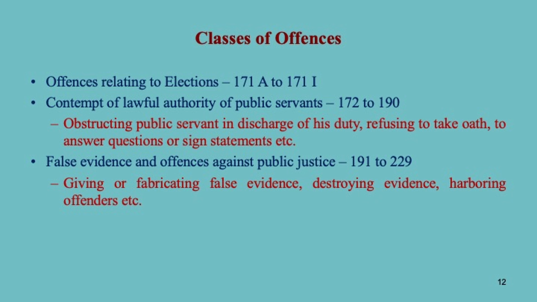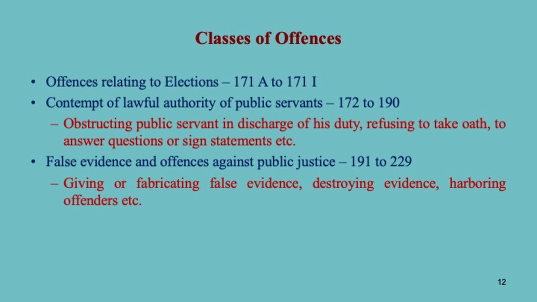Chapter 10, from sections 172 to 190, deals with contempt of lawful authority of public servants. Offences like obstructing a public servant in discharge of his duty, refusing to take oath, answer questions, sign statements, etc., when required by a public servant, are included in this chapter. Chapter 11 deals with offences against public justice and false evidence.